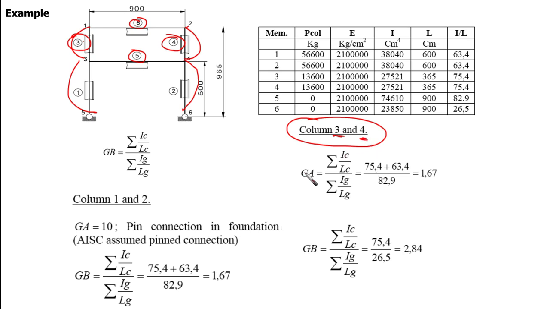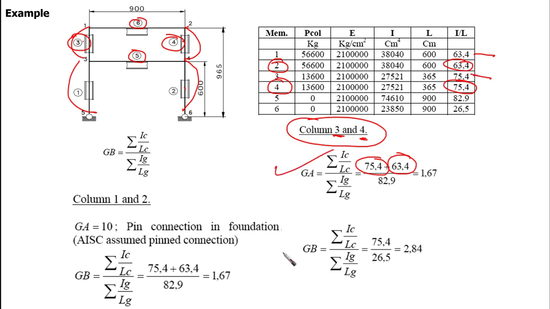So for GA, it is going to be I column over L column, 75.4 plus 63.4. This is for columns 2 and 4, or for this column, which is going to be columns 3 and 1. They are the same. I mean that the summation is going to be the same.